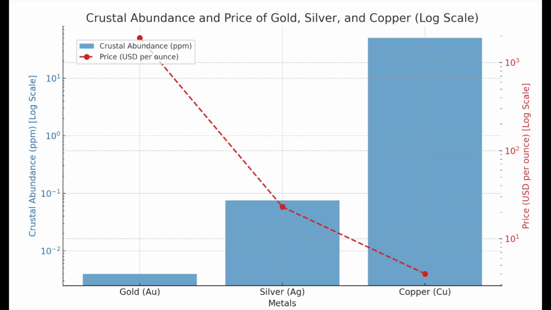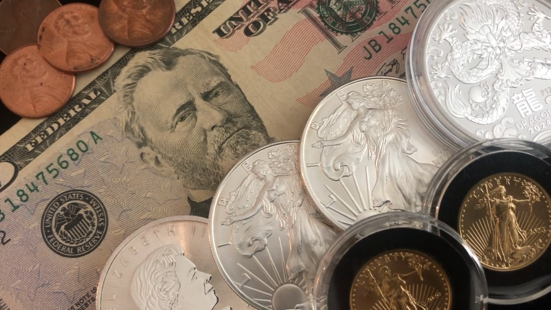And what we see is that we see this negative correlation. As crustal abundance rises, the price per ounce actually goes down. And that is exactly what Roy Sabag had said during his interview.